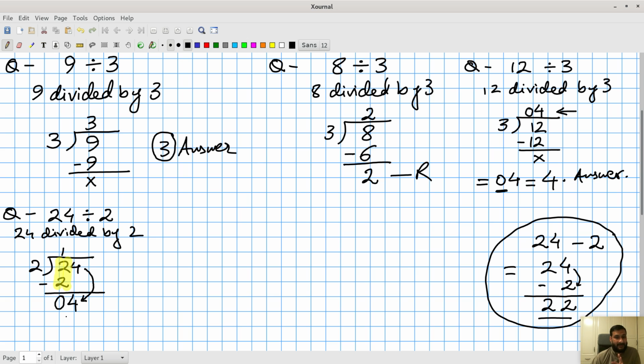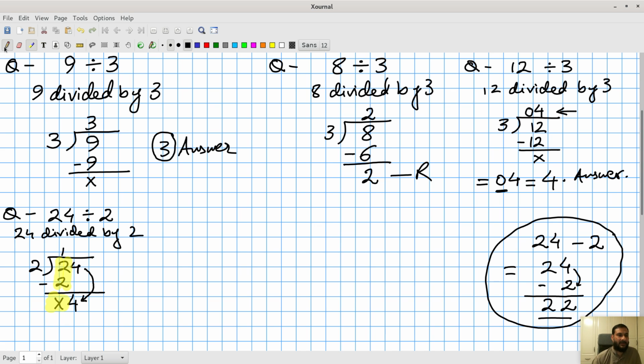So to make sure that this remainder doesn't get mixed up with the other numbers, we actually use a cross. That way, visually, we can just ignore this part, x, and we just manage the next number, which is 4. Right.